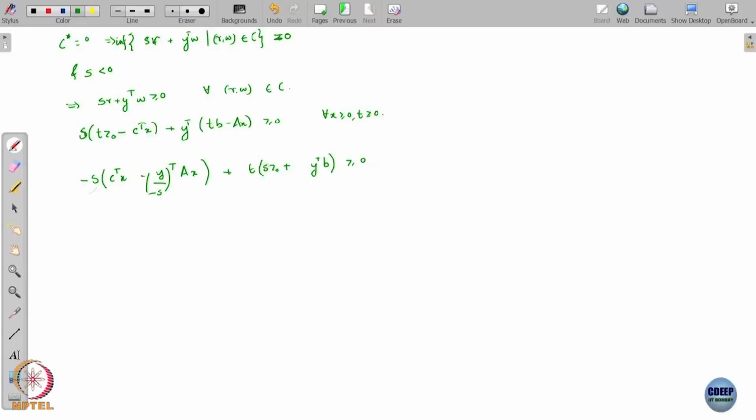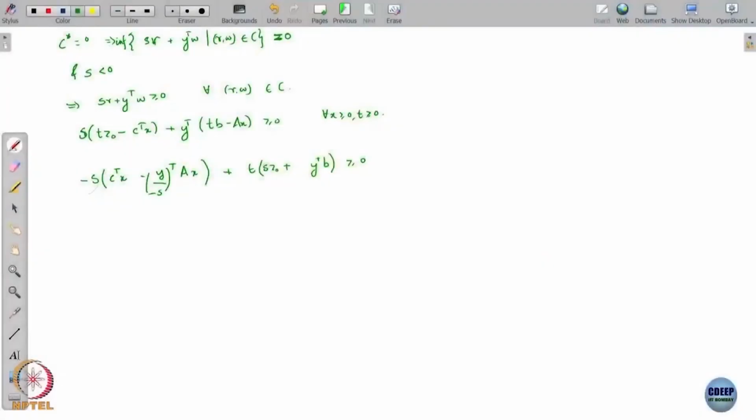I am writing this in this little non-intuitive form for a particular reason. Everything else I have put here. So, I have y transpose b that was multiplied by t, so t has come out, and I have s t z 0 which is left here. All of this is greater than equal to 0, and remember this has to be true for all x greater than equal to 0 and t greater than equal to 0.